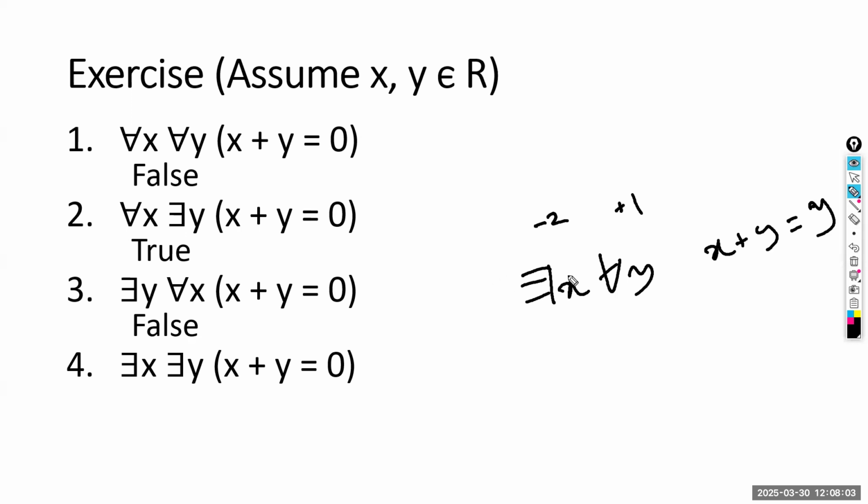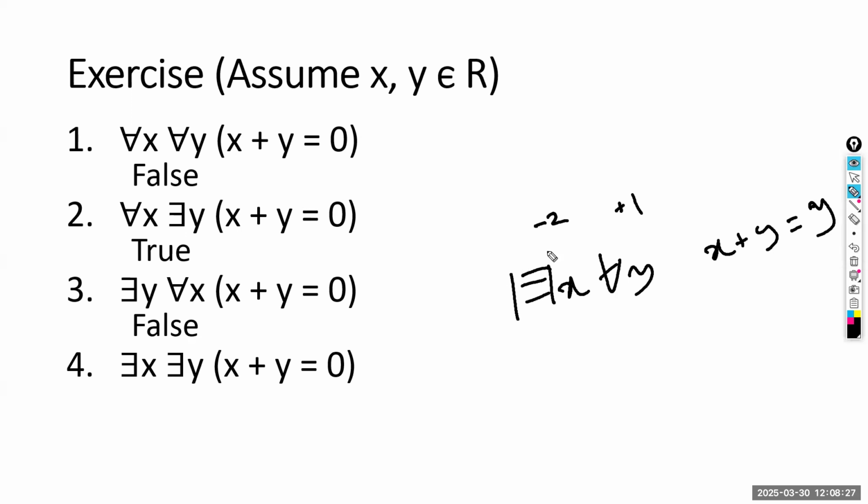But remember, if I can find at least one x value that satisfies this, that is good enough. Any other answer? So I will say no. I can give you an example. So you say no because there's a counterexample, right?